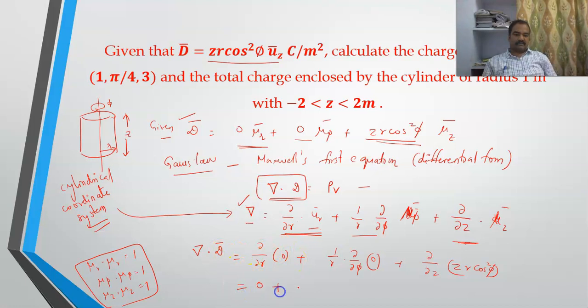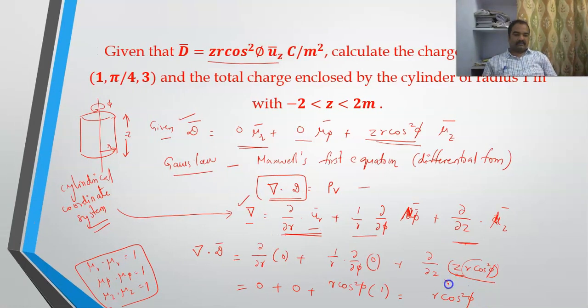So 0 plus 0 plus the partial derivative with respect to z. The r cos square phi remains constant, so only z is differentiated, and I get r cos square phi into 1. So my answer, r cos square phi, is rho v, the charge density.